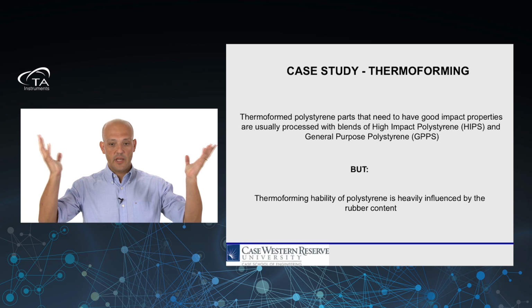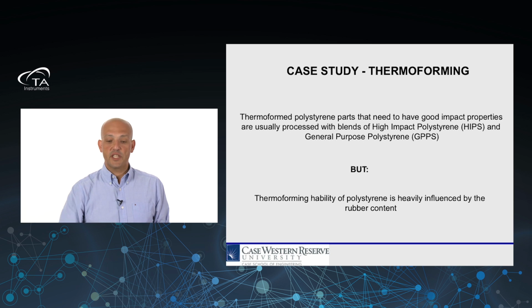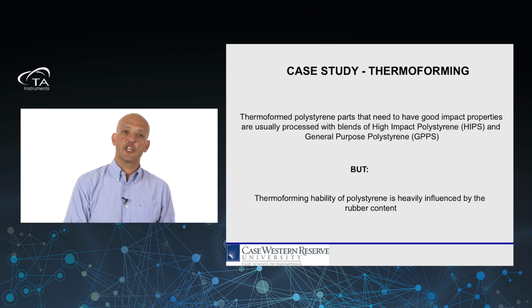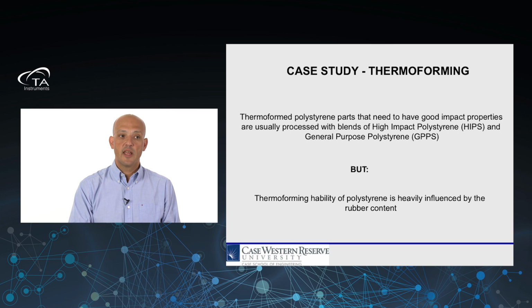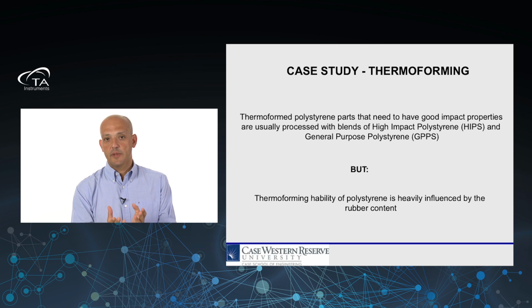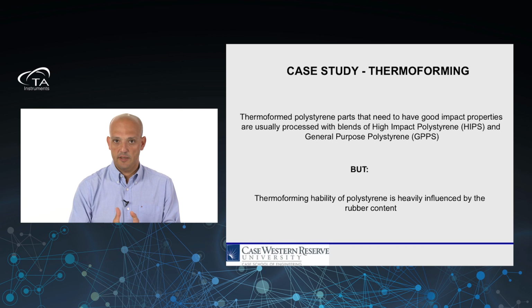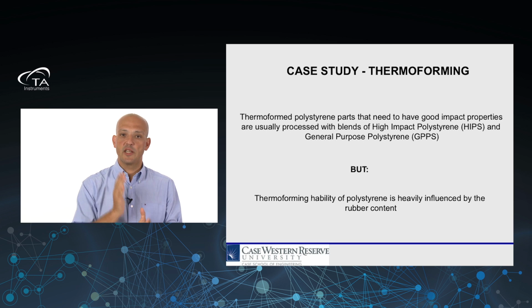Very nice, very easy to process, can withstand large deformations. It's transparent, so if you use it for packaging applications, it's great because the consumer can see what's in the package. It has a little problem. It has horrendous mechanical properties, especially the impact resistance. It's very, very poor. And once it cracks, there's a catastrophic crack propagation.